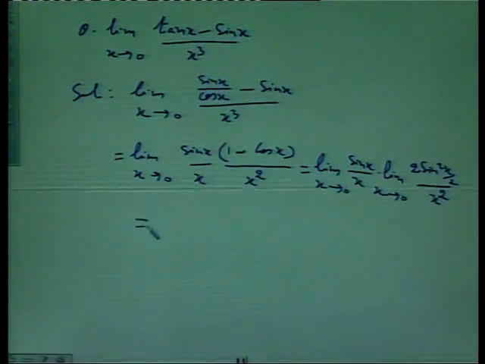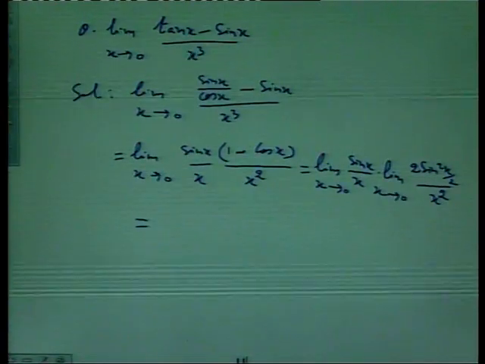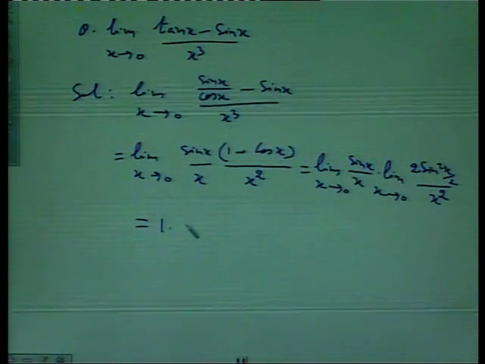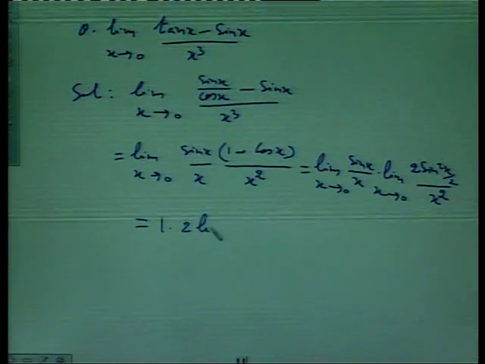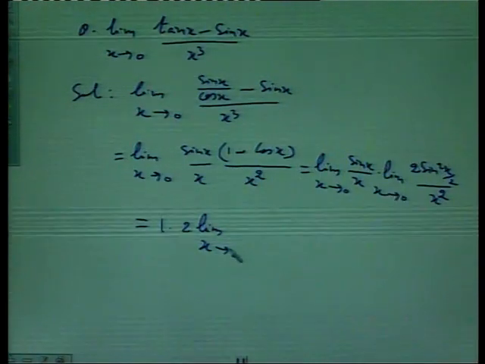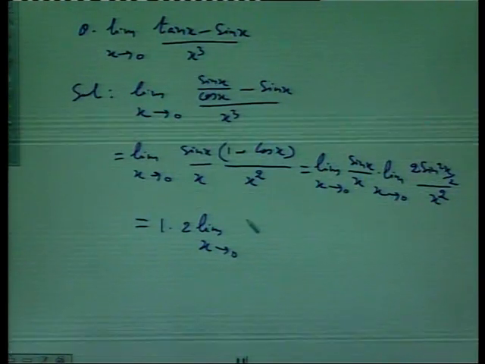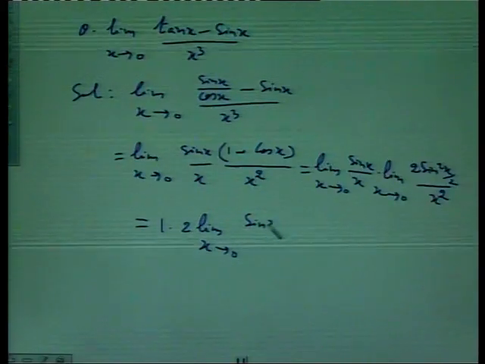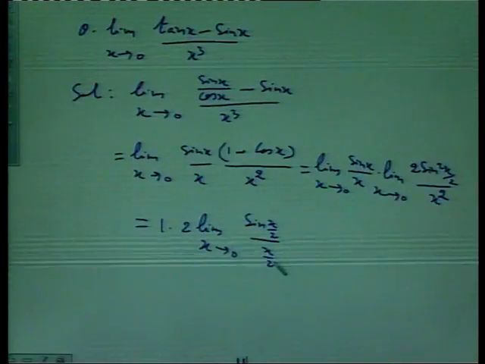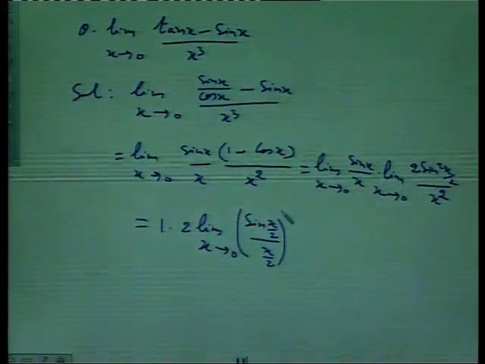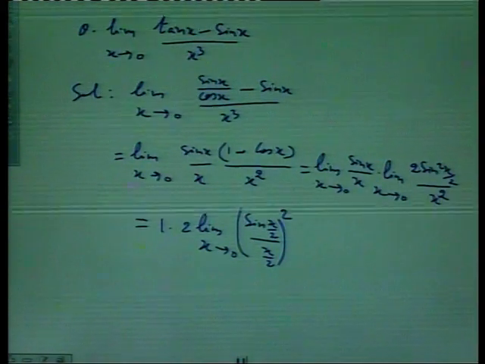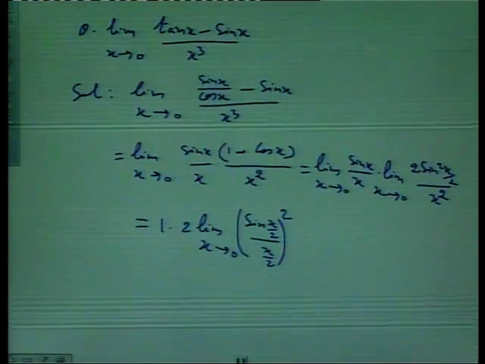So again the first limit is the standard limit sin x upon x, its value is 1, and from the second limit 2 can be taken as common, sin x upon 2, here x upon 2 whole square. So here we are dividing by 1 upon 2 whole square.